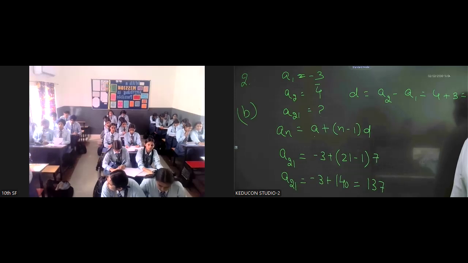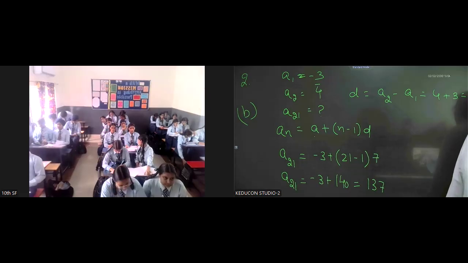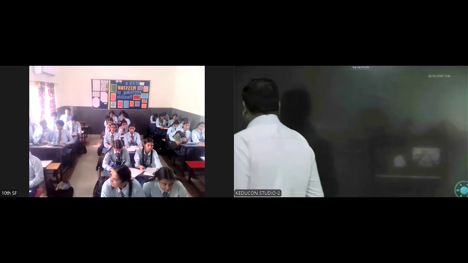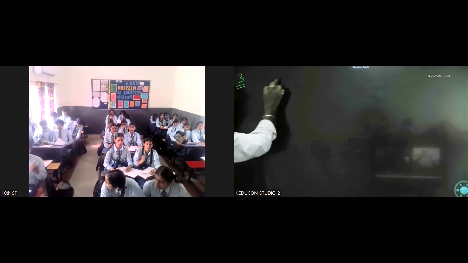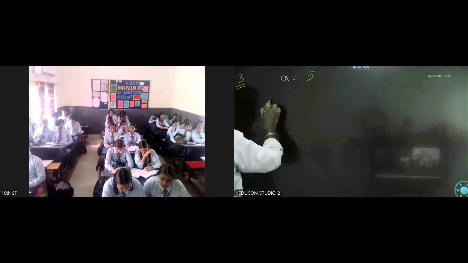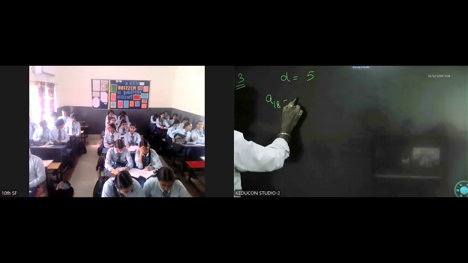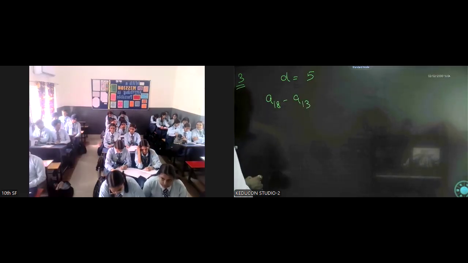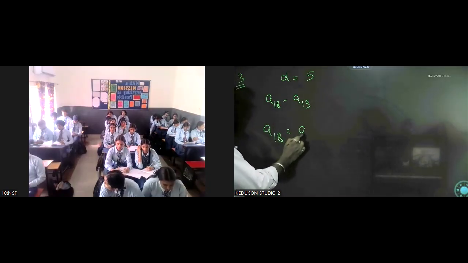If the common difference of an AP is 5, then what is a18 minus a13? Now students, d is given to you, that is 5, and we have to find a18 minus a13. Now a18, can we write this as a plus 17d?